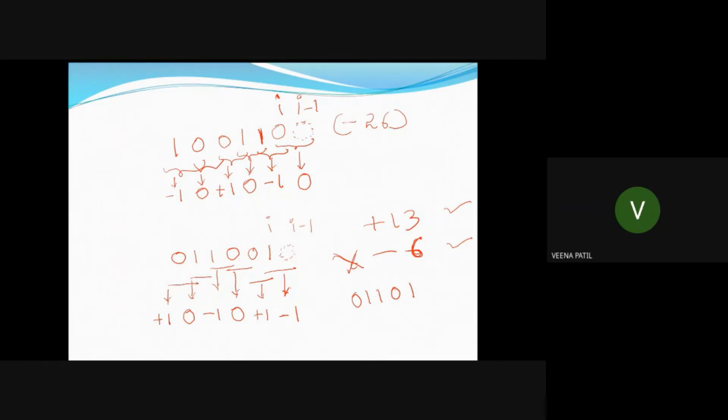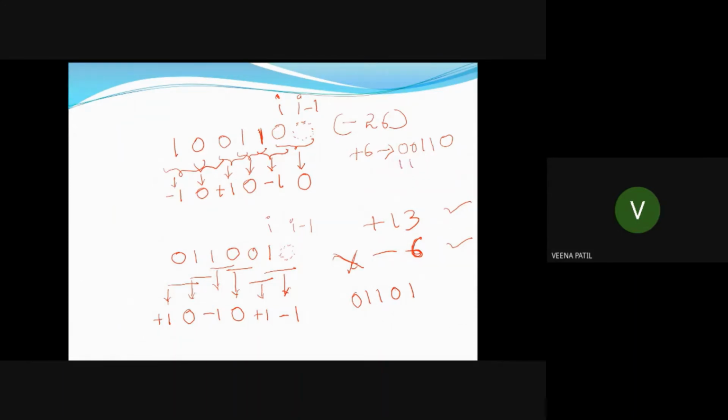How about -6? How do you represent -6? First of all, you need to take +6, the 5-bit representation. 6 is 110, so +6 is 00110. How to represent it as -6?